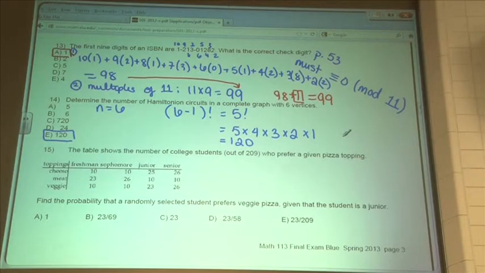On page 30 of your lecture notes. Conditional probability.